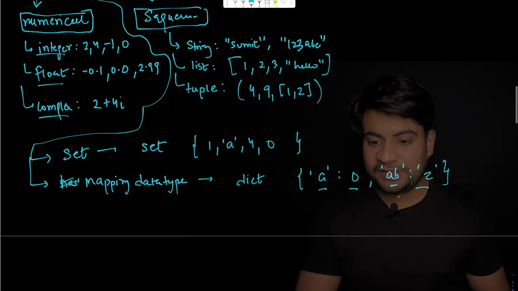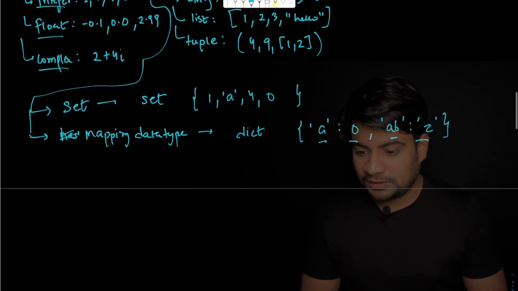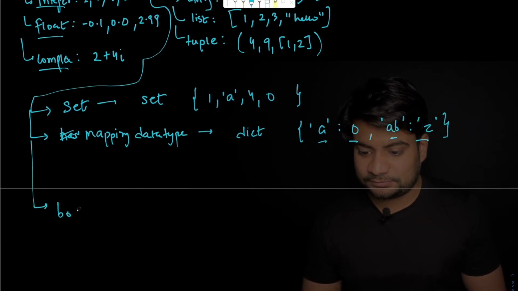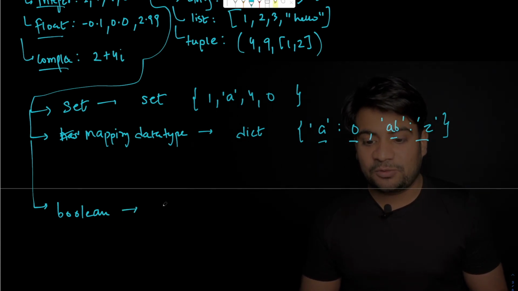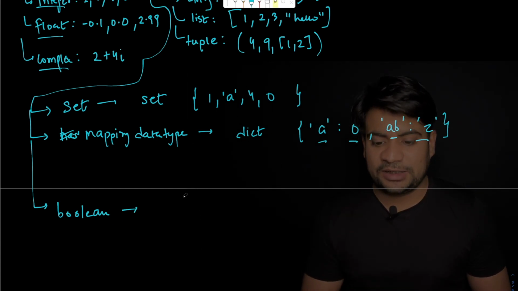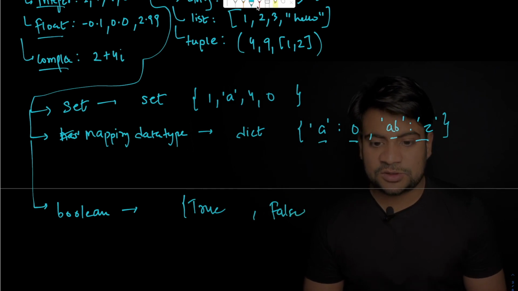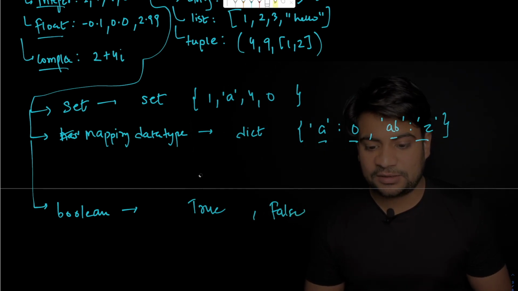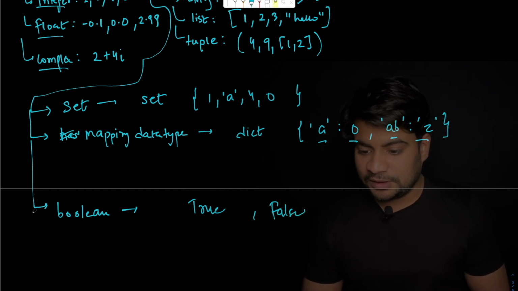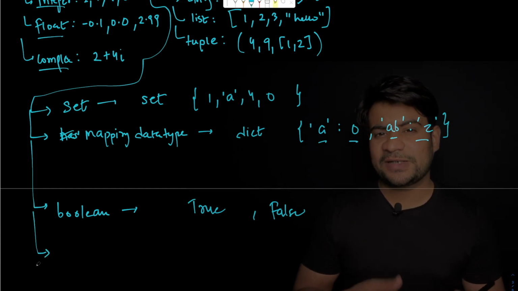After that, we have something called Boolean data type. Boolean data type can contain only two values, true or false. After that, there is one more very specific data type.